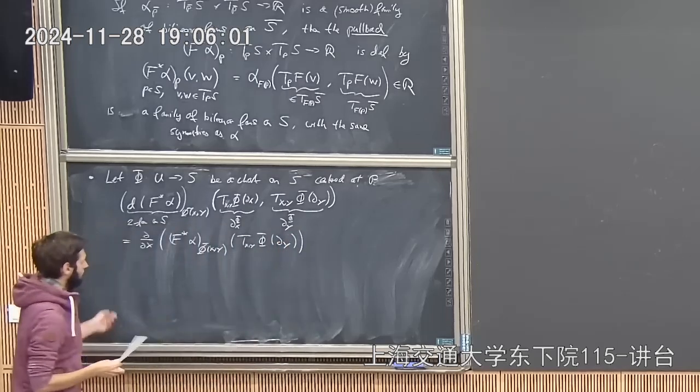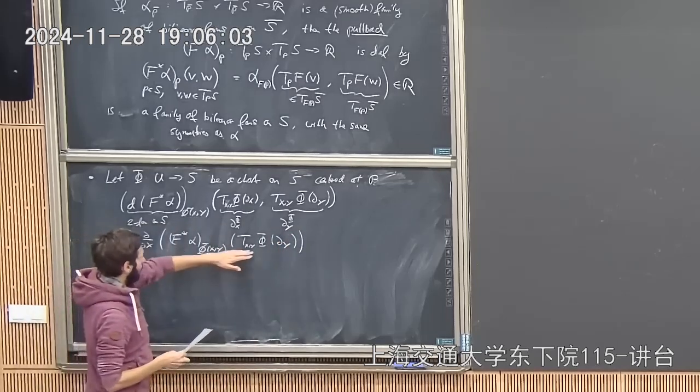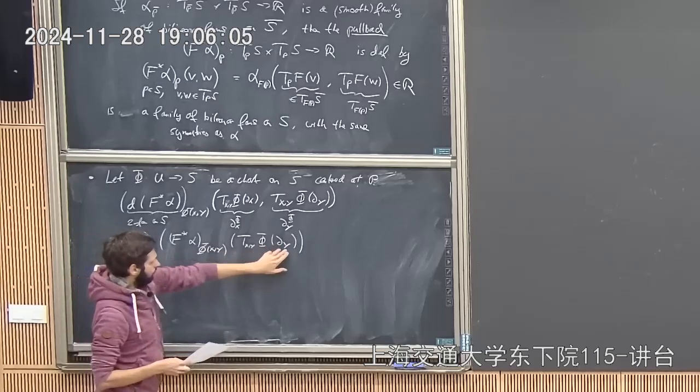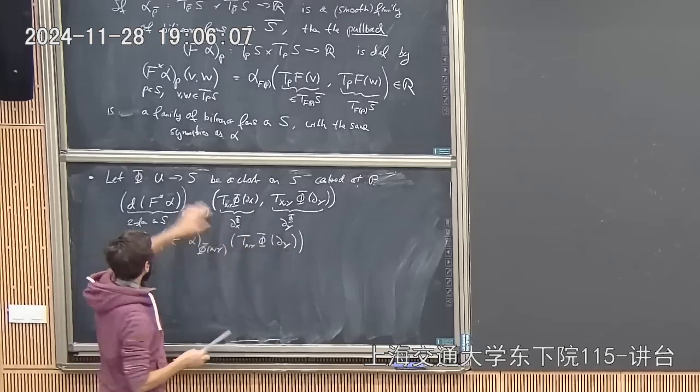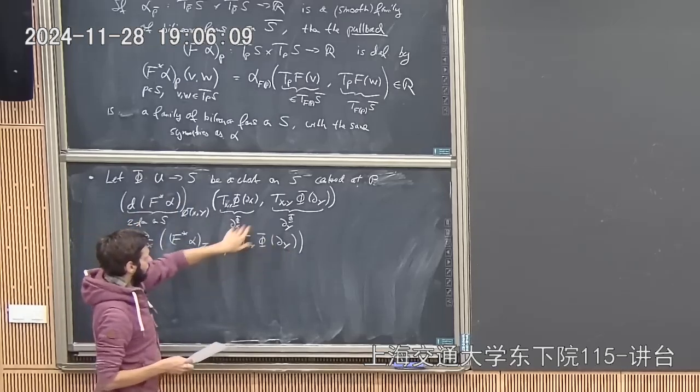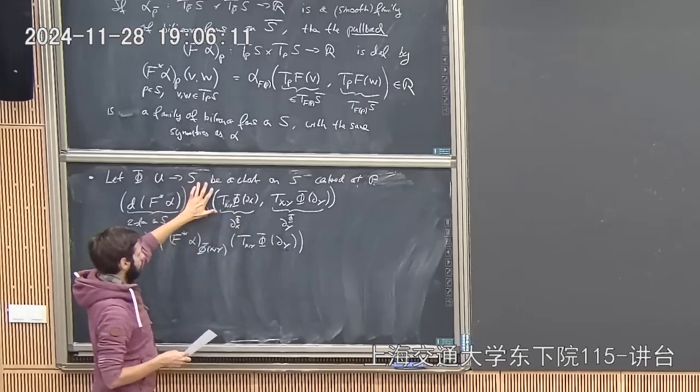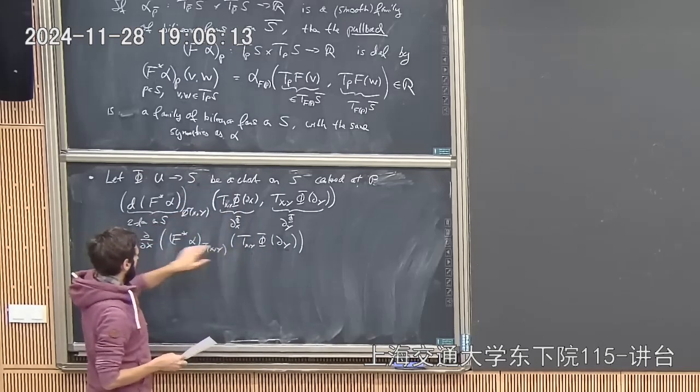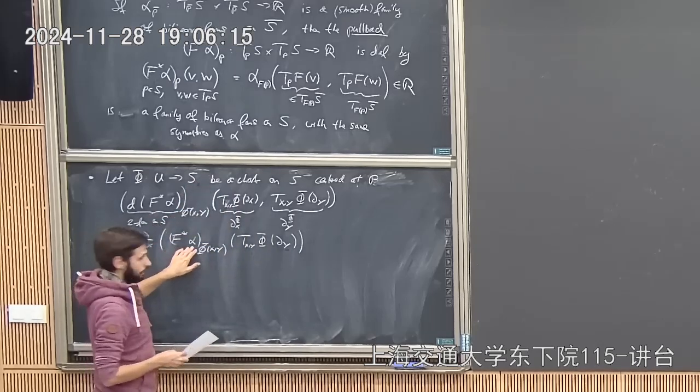What this means is we have d phi, which takes tangent vectors on U to an induced vector on S. We plug that vector into the pullback of alpha.